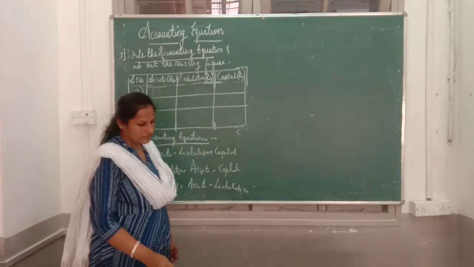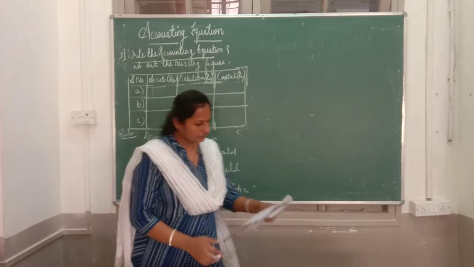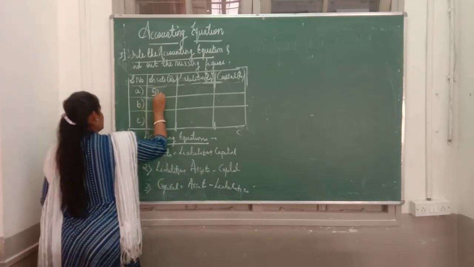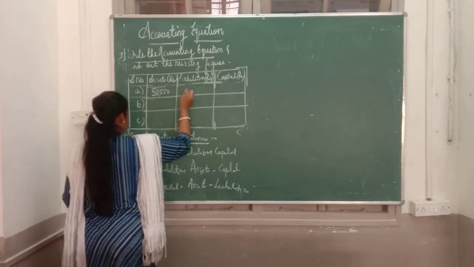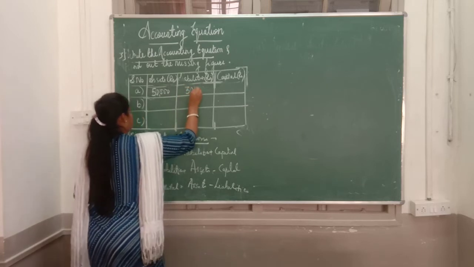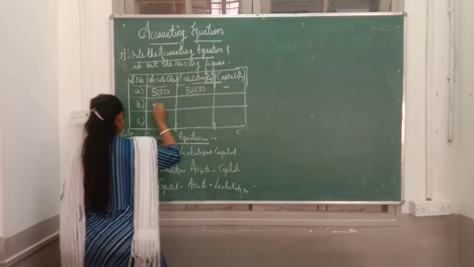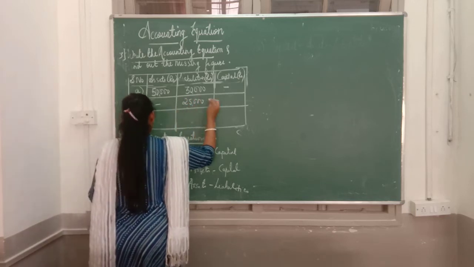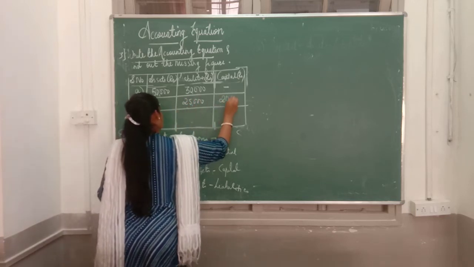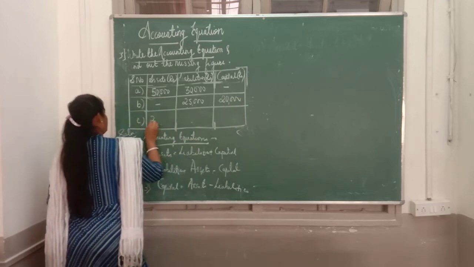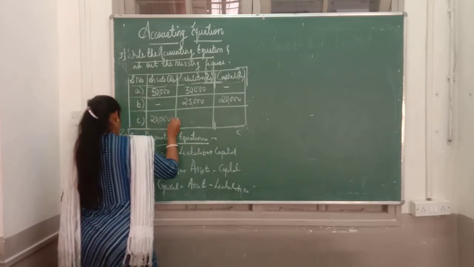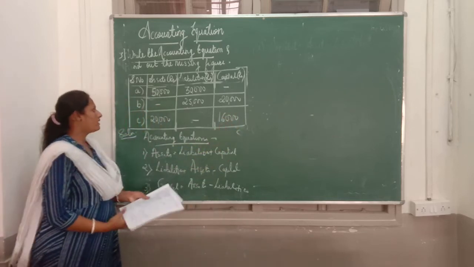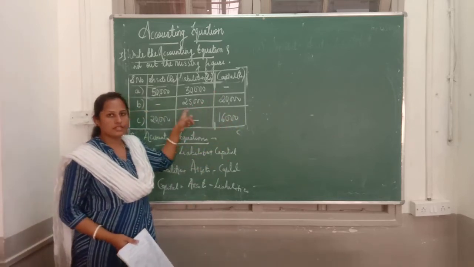Yes, problem is 50,000, 50, then here 30,000, dash, 25,000, 20,000, and here 20,000, dash, 16,000. Okay, your dash means this one you have to find as a missing figure.